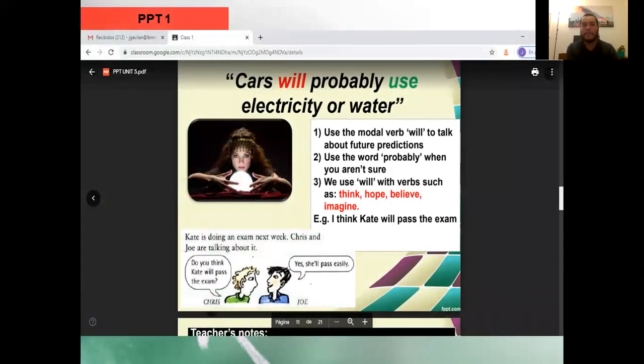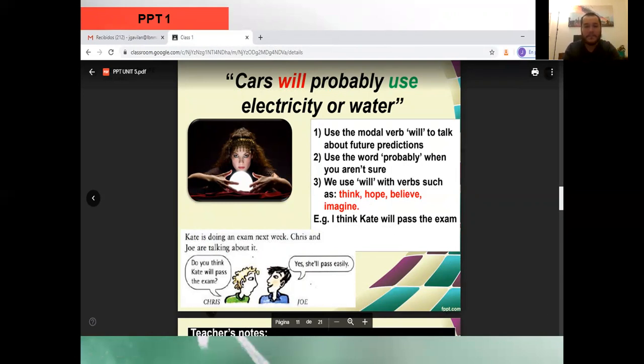Let's move on. Why do I give this information? PPT number 1. Look at this part here. Number 2 says use the word probably when you are not sure. And number 3 says we use will with verbs of action such as think, hope, believe, and imagine. And I even give you an example: I think Kate will pass the exam.